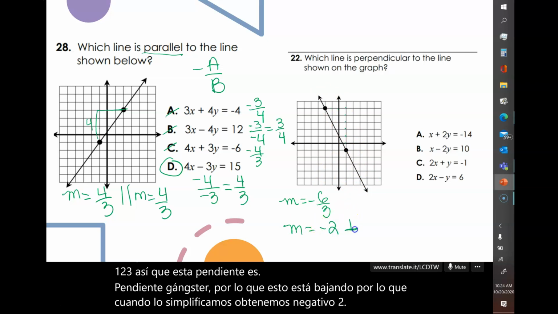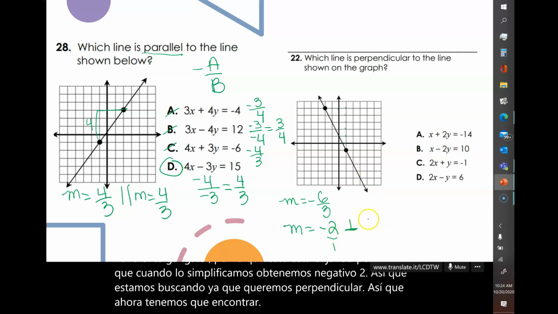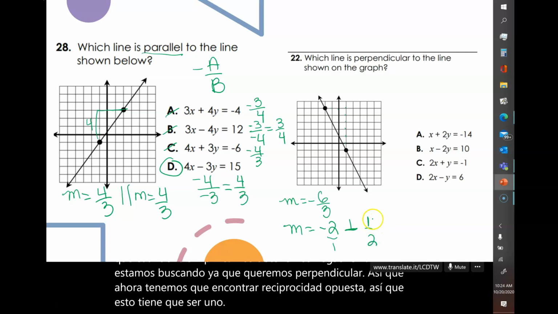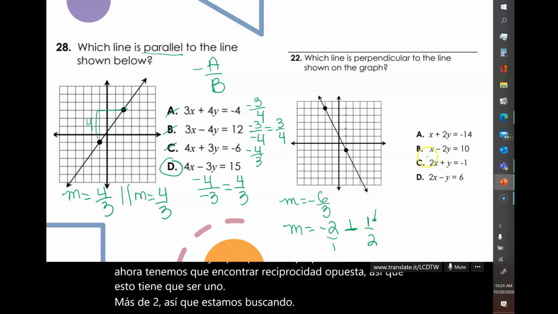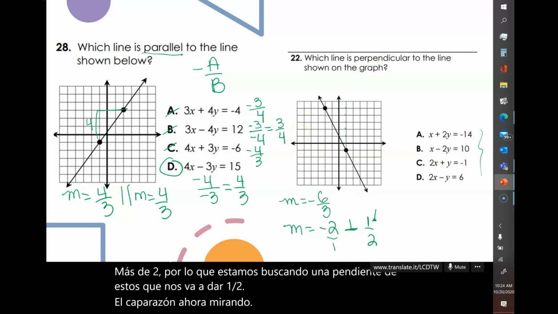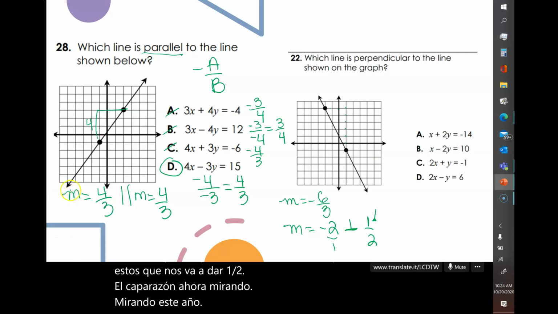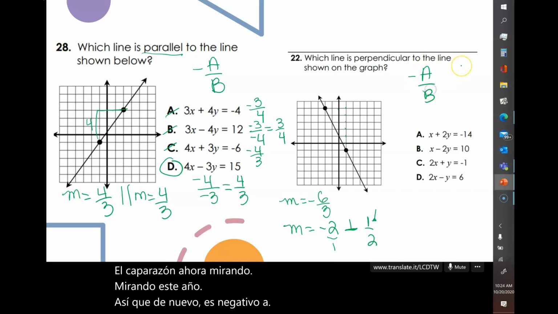So since we want perpendicular, we need to find the opposite reciprocal. So this has to be 1/2. So we are looking for a slope from these that is going to give us 1/2. Okay. So now looking at this here, again it's -a over b, since they are all in standard form.